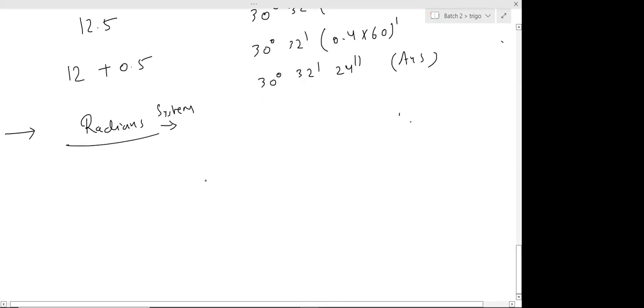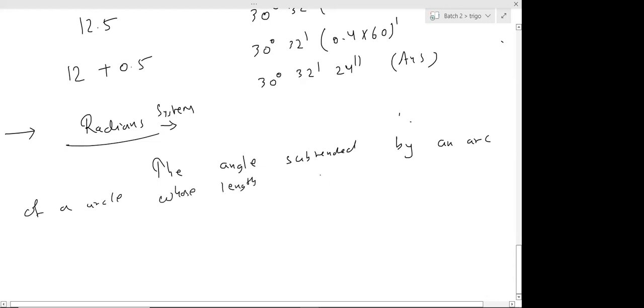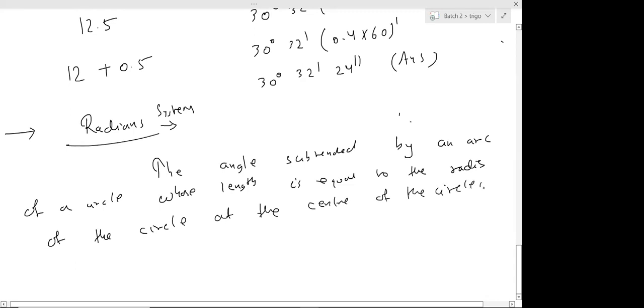All right. So write down the definition. The angle subtended by an arc of a circle whose length is equal to the radius of the circle at the center of the circle is called a radian.